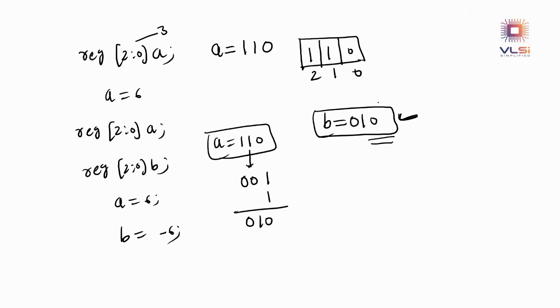That's why the compiler, or any computer, stores in two's complement form. So in Verilog or any computer, if you are doing subtraction or want to store a negative value, it will be stored in two's complement form.